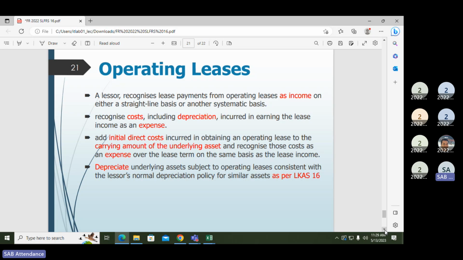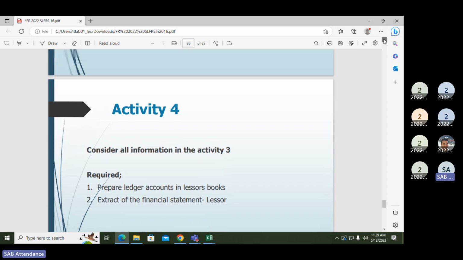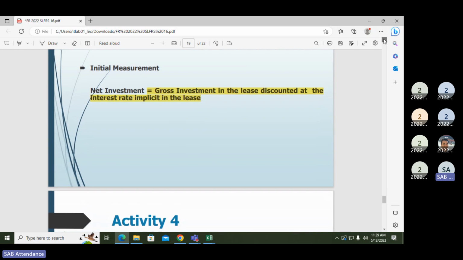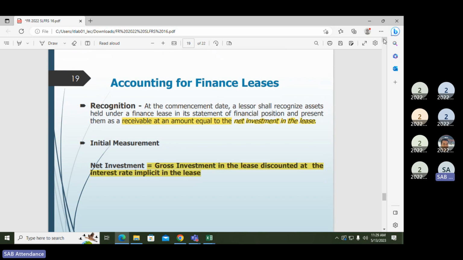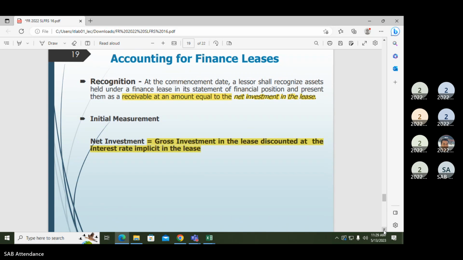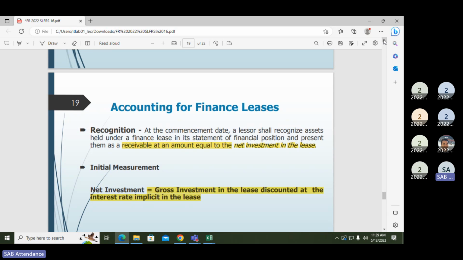Now, if there is any initial direct cost incurred by the lessor in the case of a finance lease, you can defer it over the lease term.